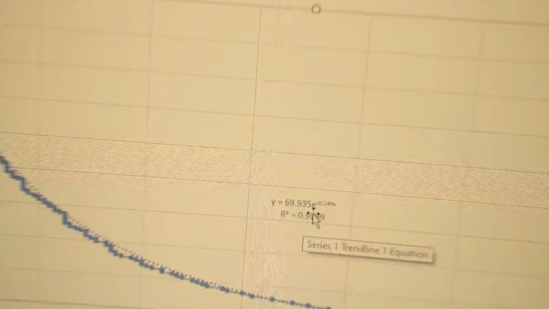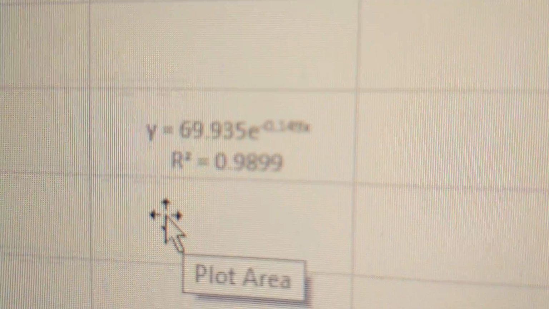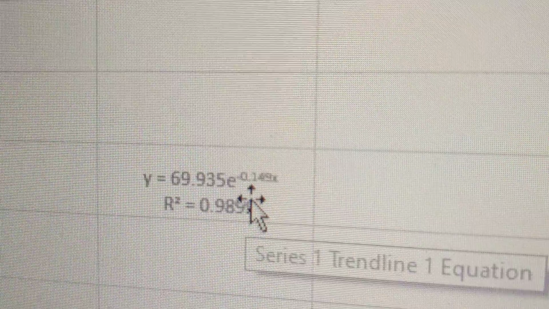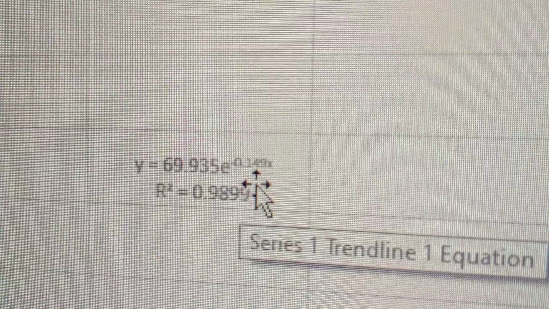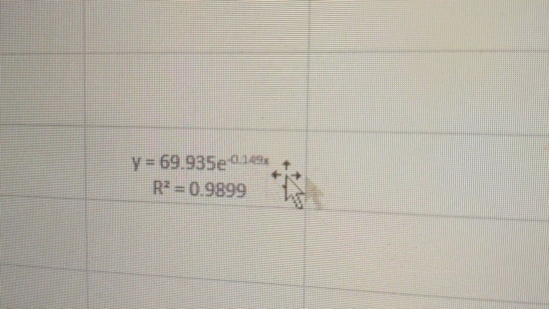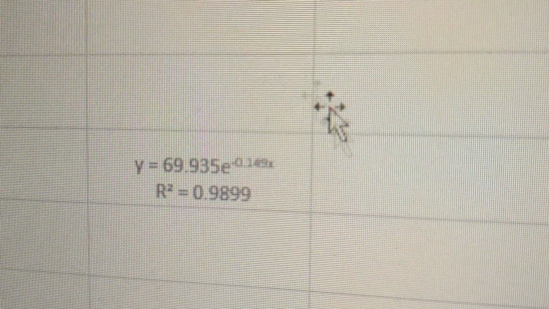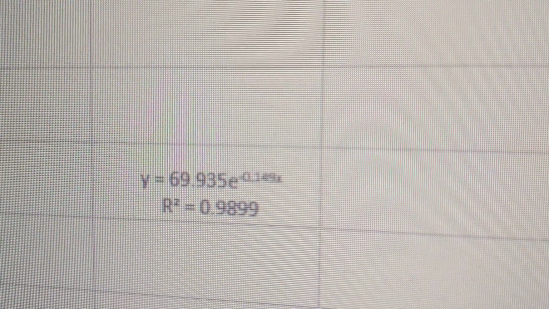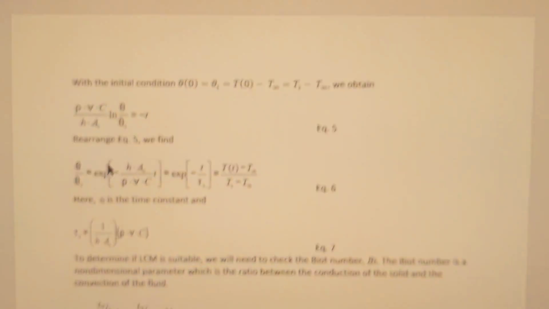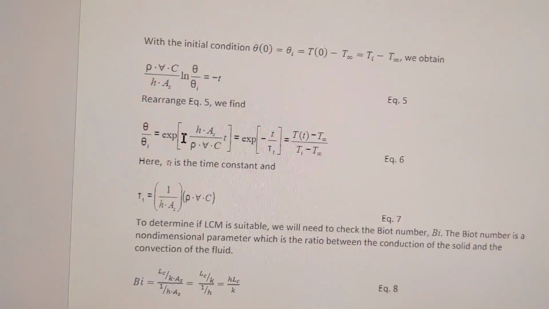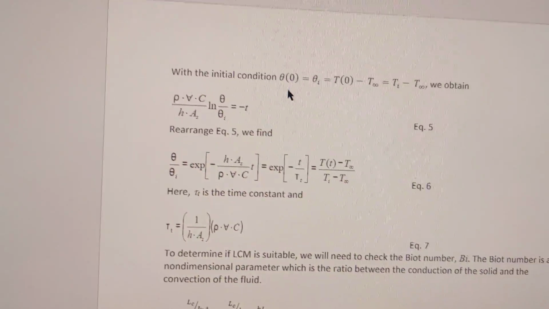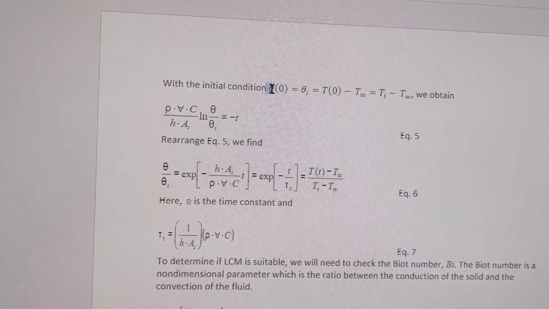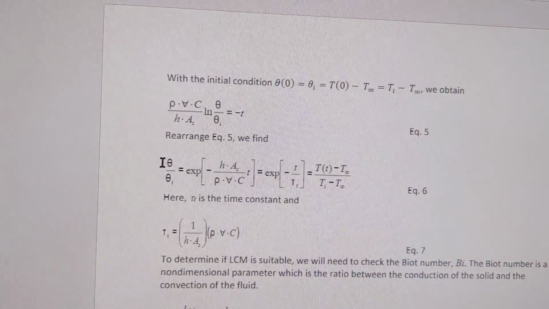And then this is our equation. And then we will use this 0.149 to the power times x exponent. We will compare that to the lump thermal capacitance. And by doing so, looking at the lab handout, what we'll do is that we'll set theta on the top here.